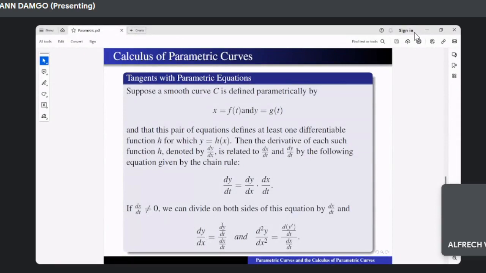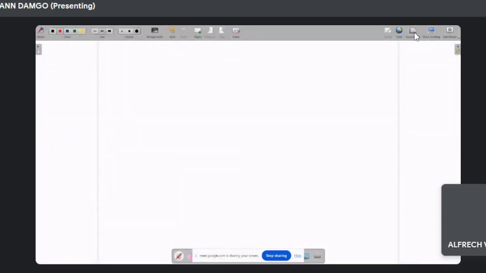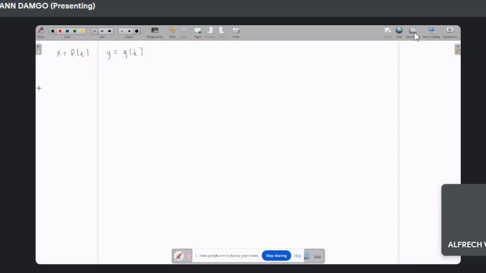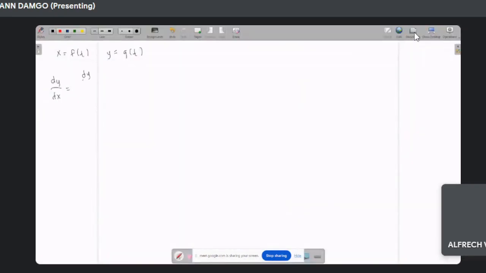So we have x is equal to f of t and then y is equal to g of t. Okay, so dy dx is equal to dy dt over dx dt.